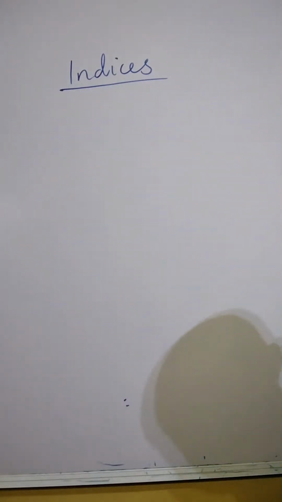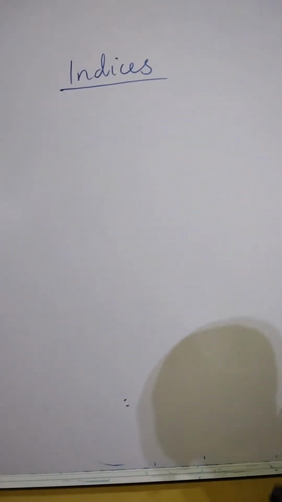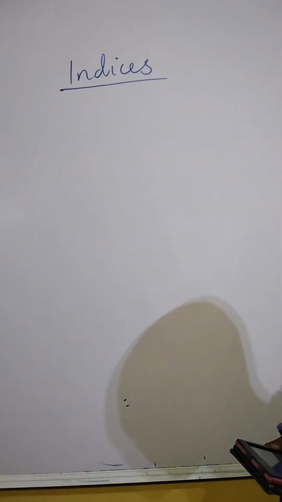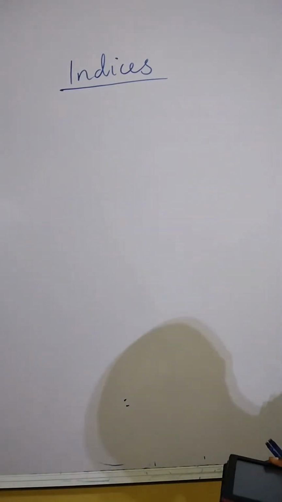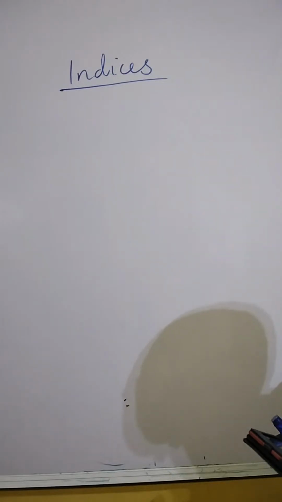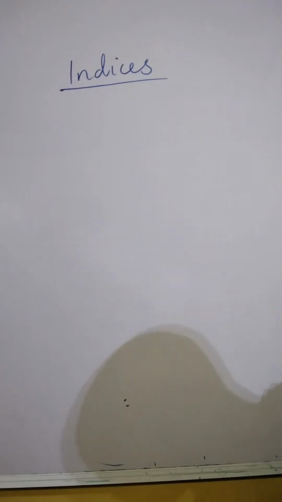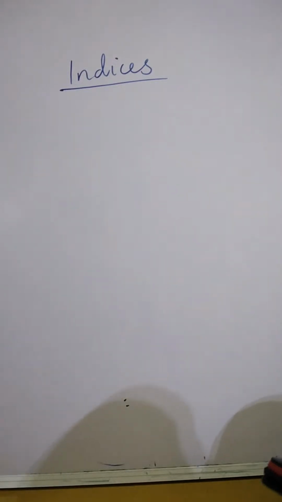Chapter T Math class. From this live class, I want to look at this topic in mathematics, which is indices. When we talk about indices, we are talking about index, and the word indices, we have index as the singular.